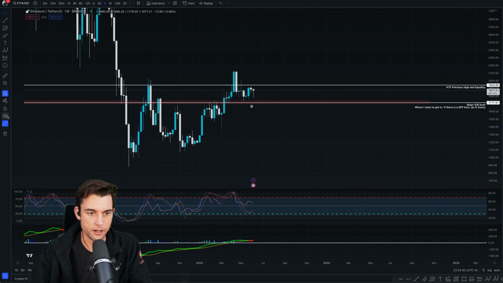So let me get this back up here. This right here was the previous high, and lots of liquidity was up here. So this is scary, but if you want to say that this is the high and then the low, now that we've closed above the previous high close, it's not bearish.